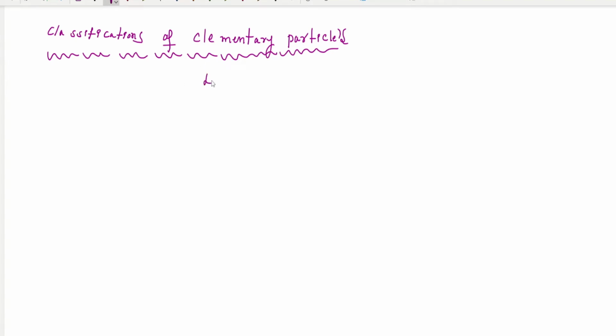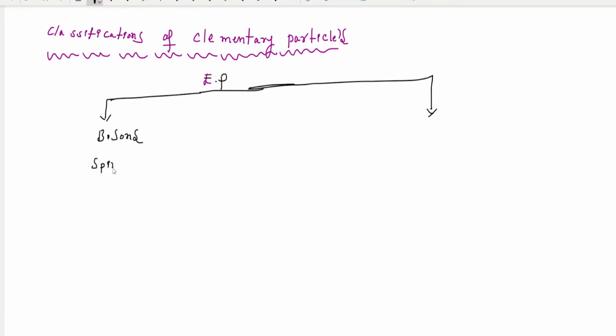The elementary particles are classified into two categories. One is bosons. Bosons have integral multiple spin.